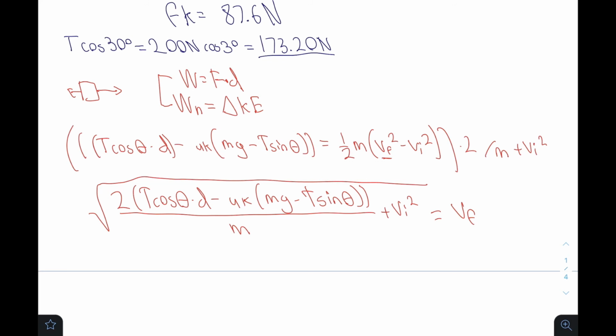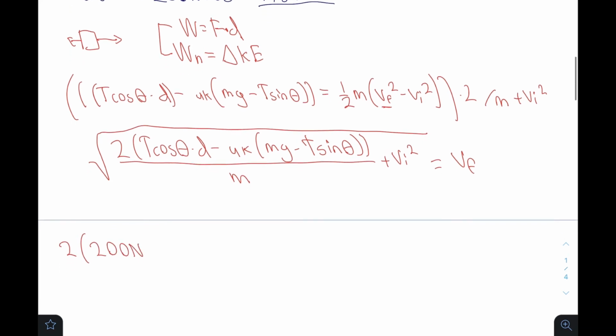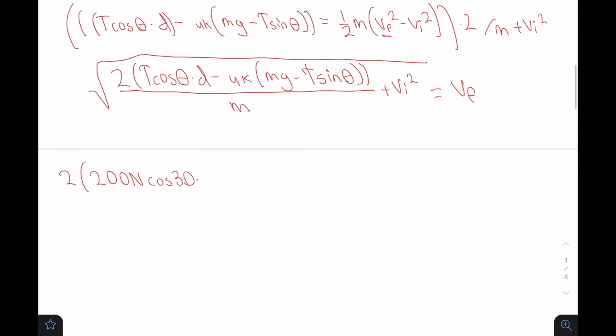At this point, we can just plug in values. We know T is 200 newtons, cosine 30 times 20 meters, the displacement, minus kmg. Oh, I actually forgot a very important value. I forgot to put d here.